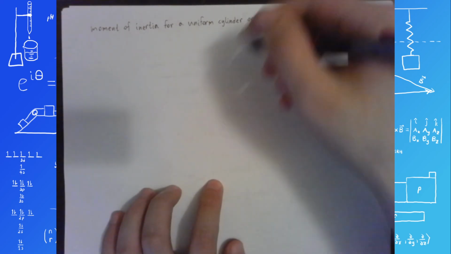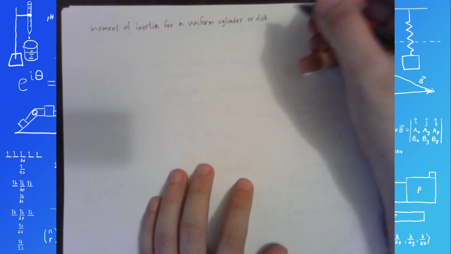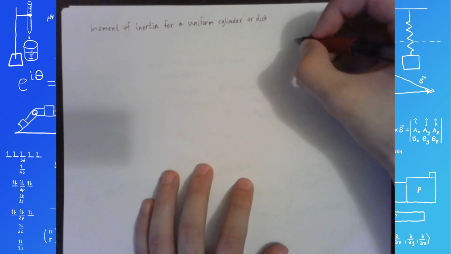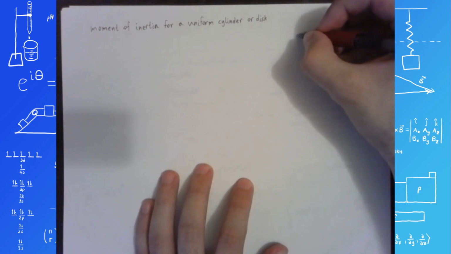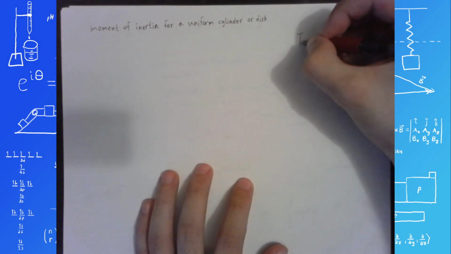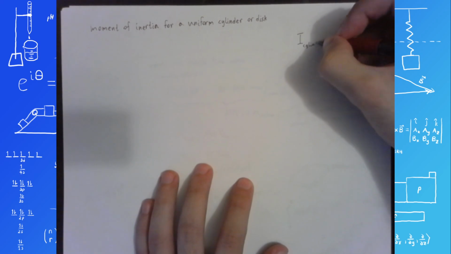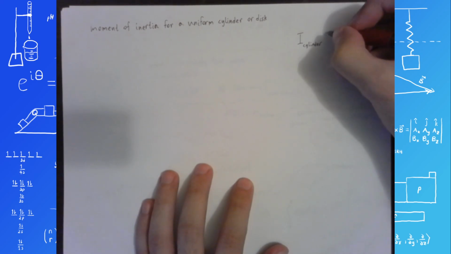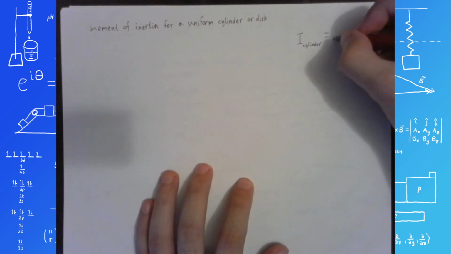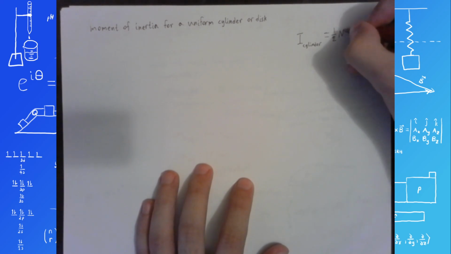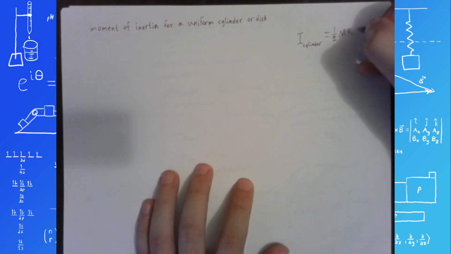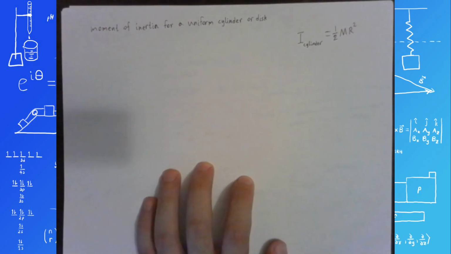Those who may have taken Physics 1 before and are now doing Physics C might have seen this formula in textbooks. You didn't have to memorize it, but moment of inertia for a cylinder or disk was equal to 1/2 times the total mass of the cylinder times the full radius of the cylinder squared.